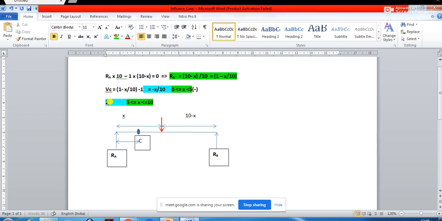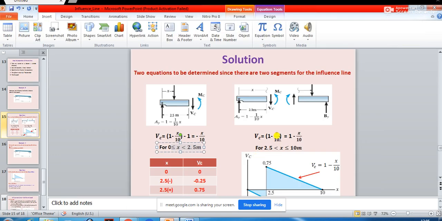When this load has just crossed this C, that means when x is more than 5 or just equal to 5 and little more than 5, up to 10, within this limit, can anyone tell me what will be the value of Vc? What will be the shear force? In this case only the upward reaction, right?